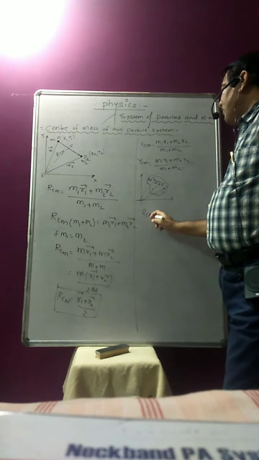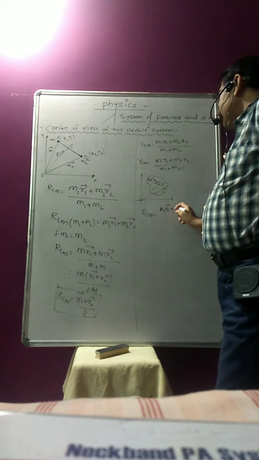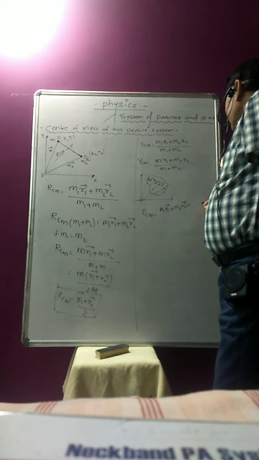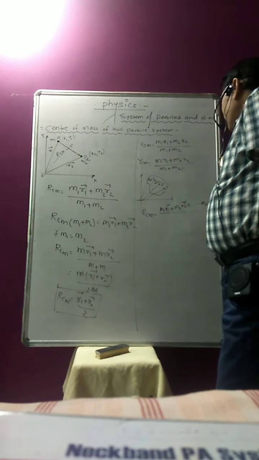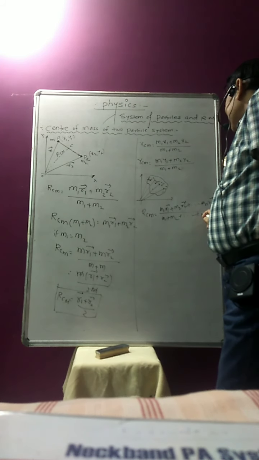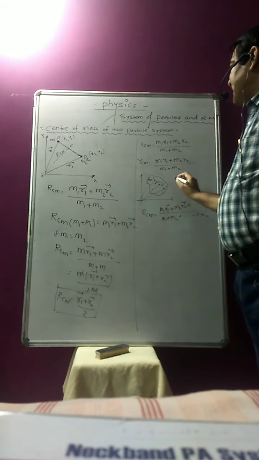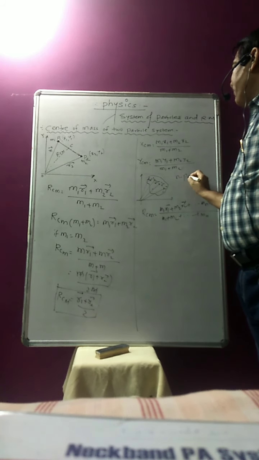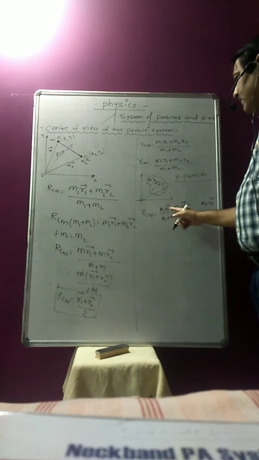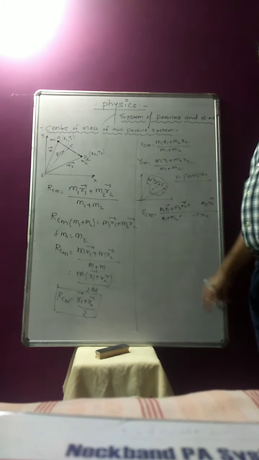R center of mass can be written as m1 r1 bar plus m2 r2 bar up to mn rn bar upon m1 plus m2 plus m3 up to mn. So that will be the formula for a system made up of n particles: m1 r1 bar plus m2 r2 bar plus up to mn rn bar upon m1 plus m2 plus up to mn.